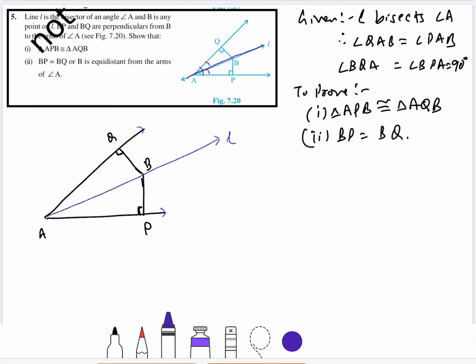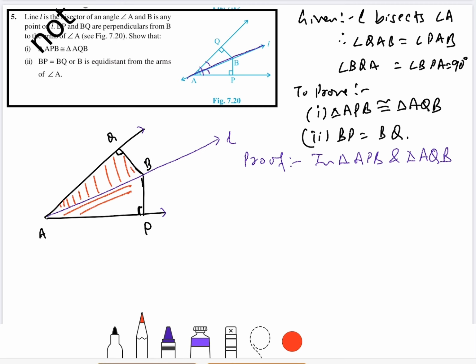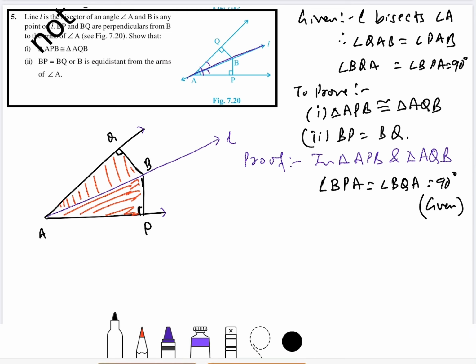So starting with the proof, in triangle APB and triangle AQB, angle BPA is equal to angle BQA, that is equal to 90 degrees, and it is a given quantity.